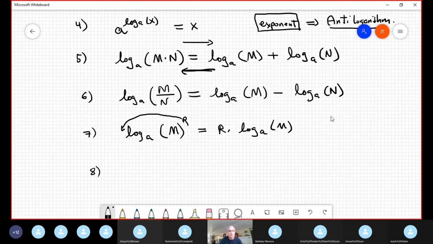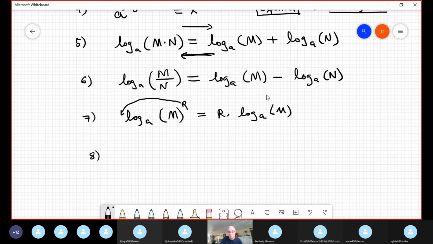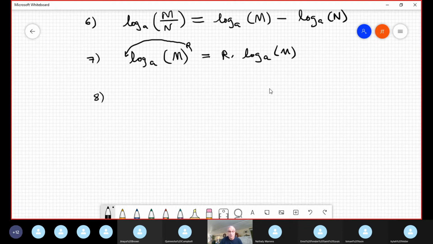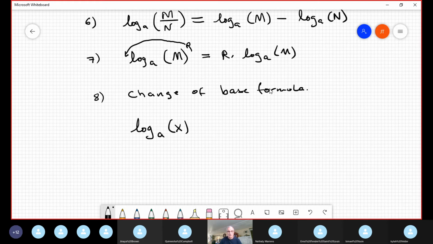And property number 8, which is a repetition, I repeat it because it's super important, is the famous change of base formula we used before. Remember, I want to repeat: logarithm of any base. Suppose A is the given base, which maybe is non-standard.